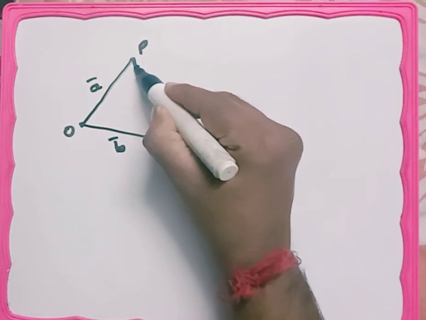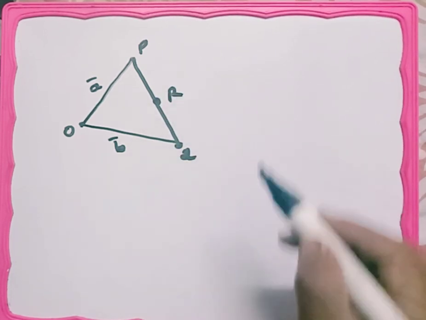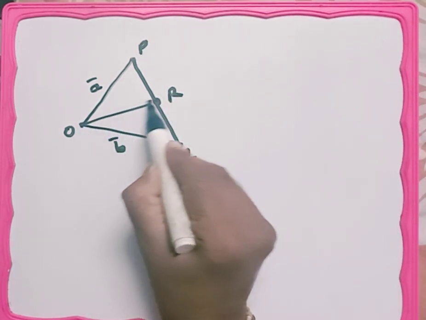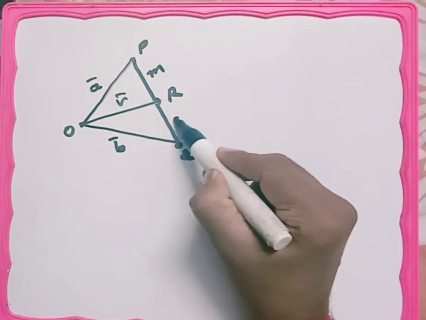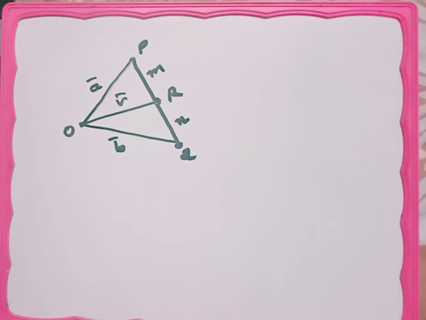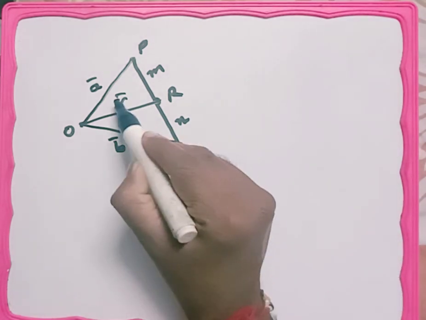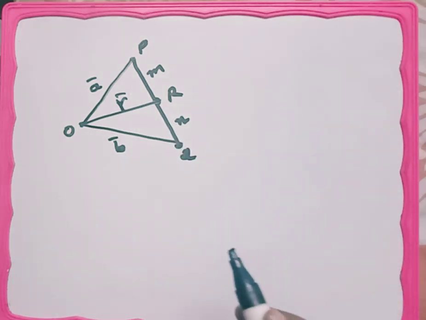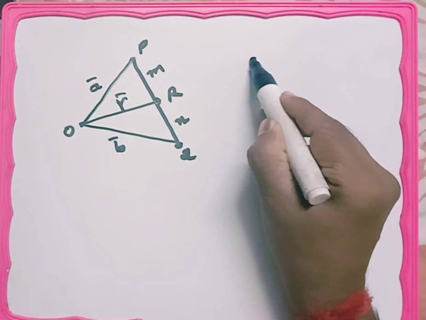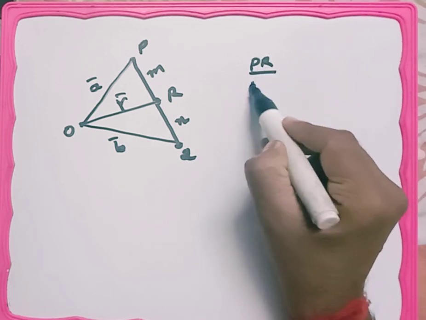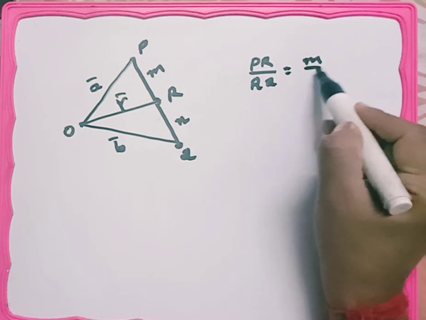Now on the line segment PQ there is a point R, and the joining vector is r bar, and R divides PQ in the ratio m is to n. Then we want to find the vector r bar. So R is dividing PQ in the ratio PR by RQ equals m is to n.